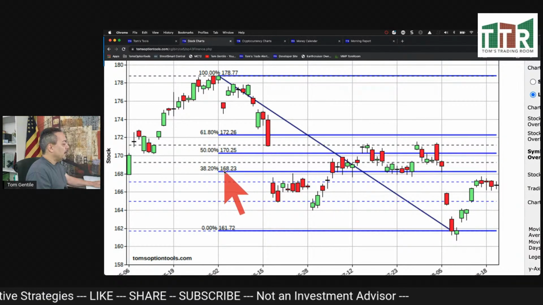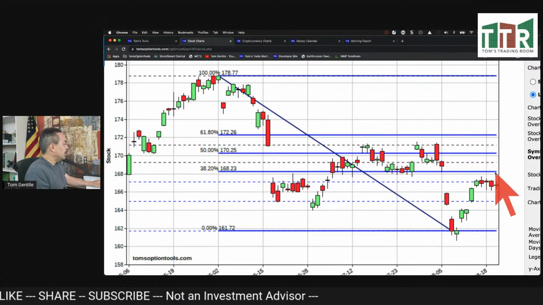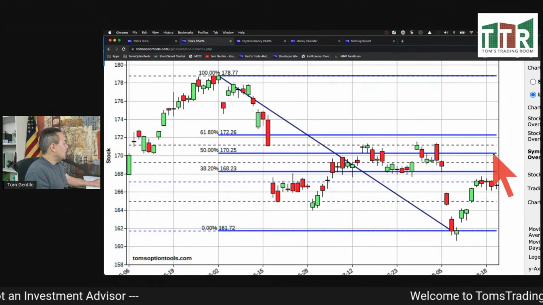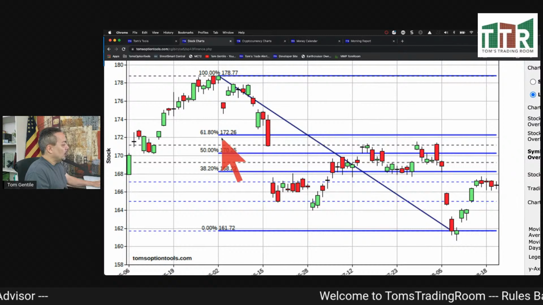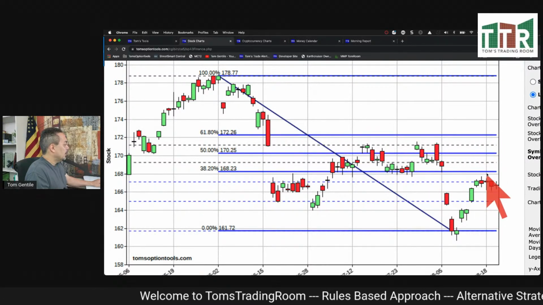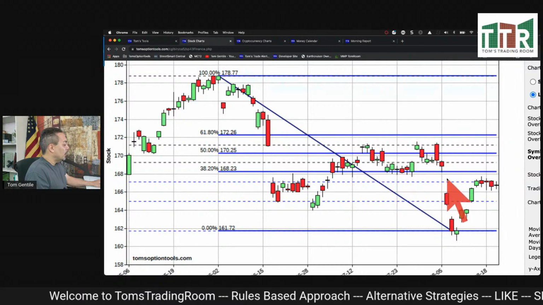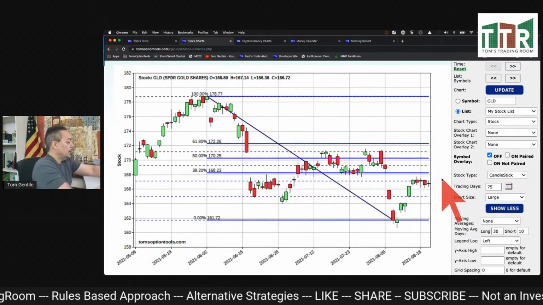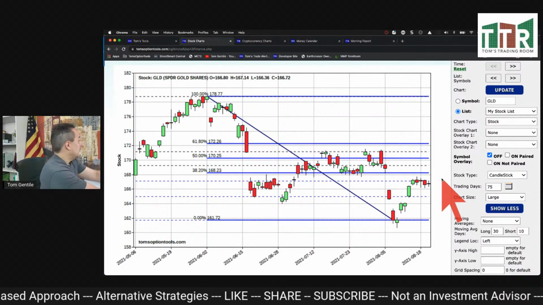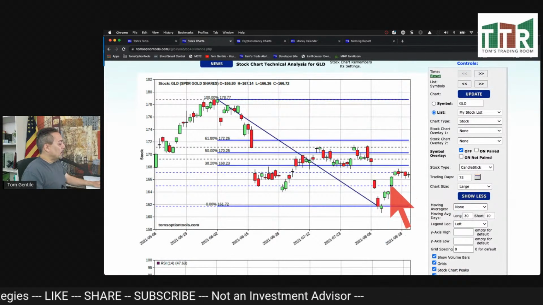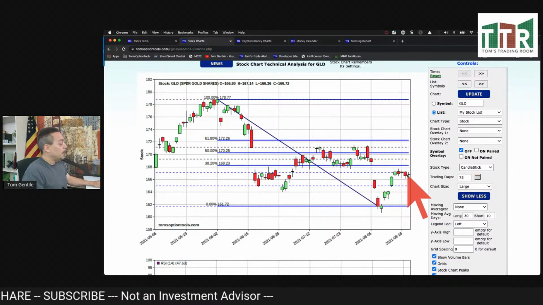So 168.23, we get up there, that is hard resistance. 170.25, 50% hard resistance. 172.26, 68% hard resistance. These are going to be areas where GLD is going to run into some trouble coming through. So that's what we see happening with GLD. Again, I like the move that happened over the last couple of weeks, but we're running into some headwinds here.